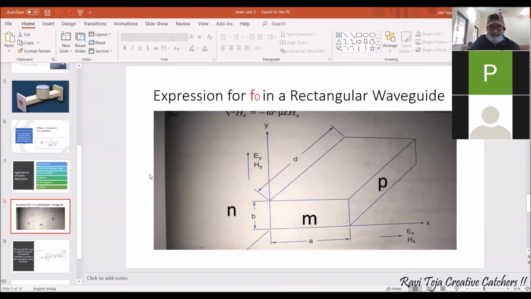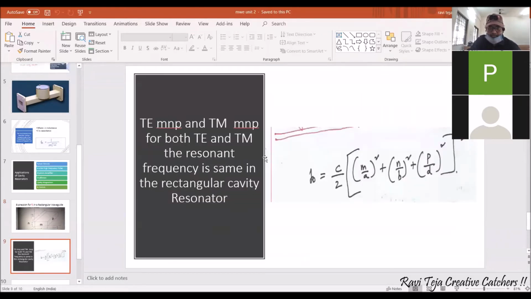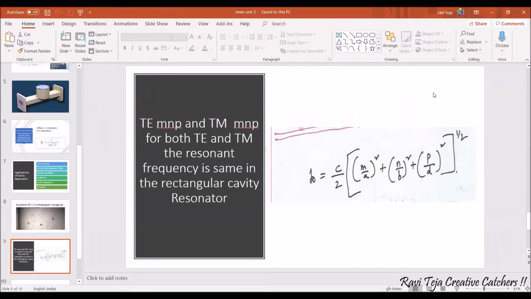So the expression for F naught, the operating frequency in a rectangular waveguide for a cavity resonator, is given like this.